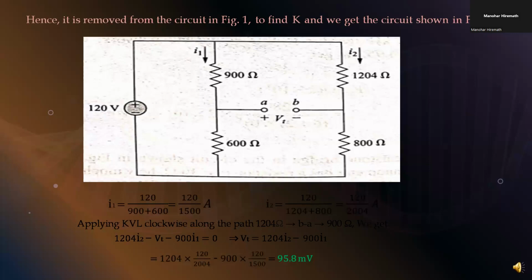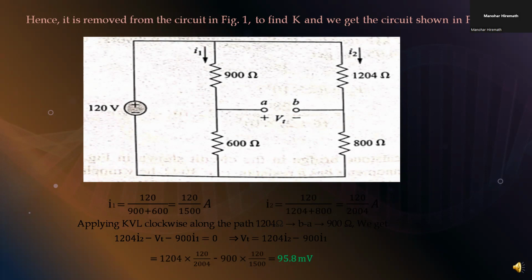These are calculated like this. I1 equals 120 divided by 900 plus 600. 120 is the 120 volts in the circuit, and 900 plus 600 is added because the resistors are connected in series. So I1 equals 120 by 1500 ampere.